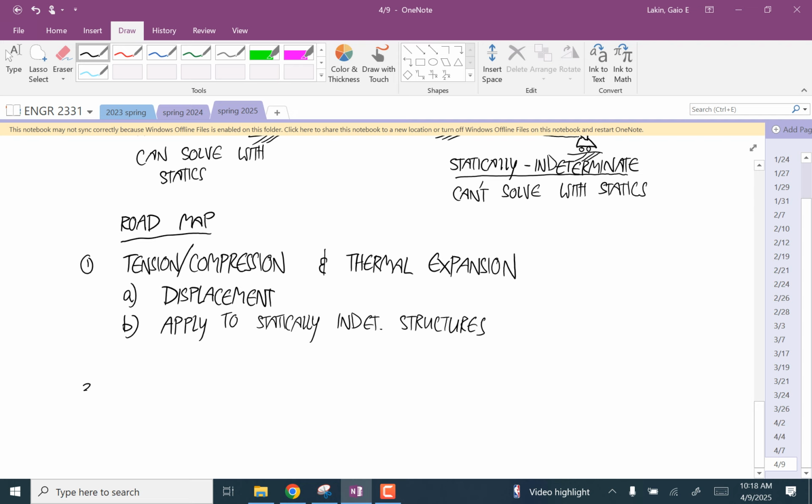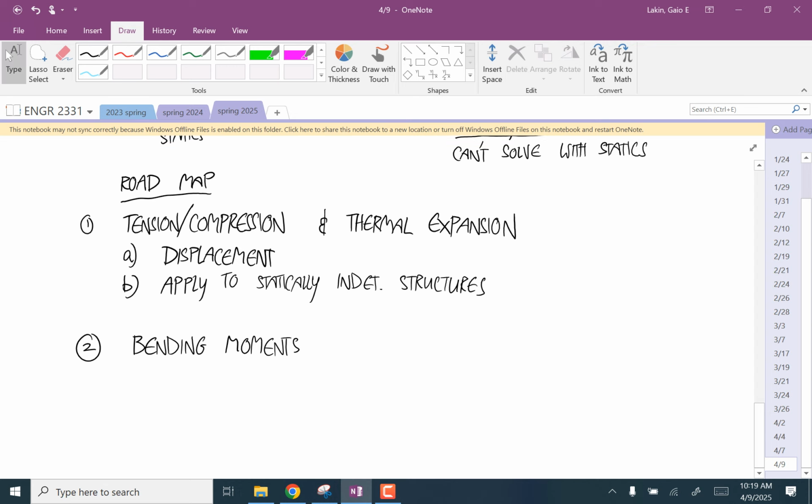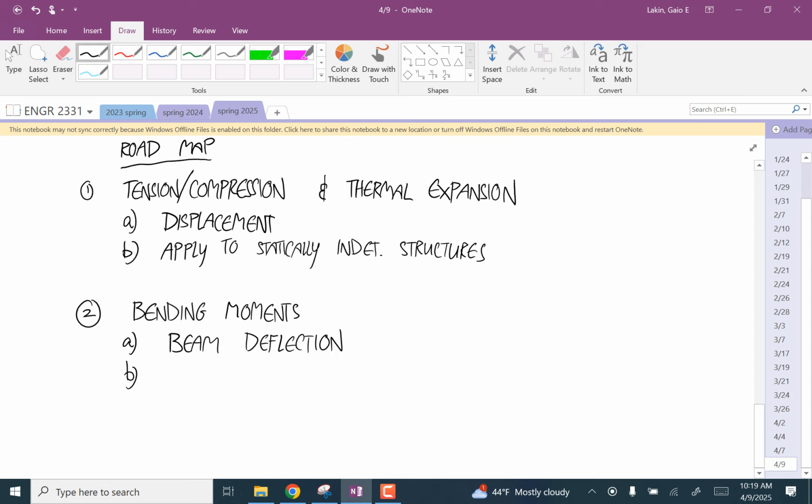Then we're going to do bending moments. We're first going to deal with beam deflection, which is the kind of displacement that you get for bending. And then after that, we're going to apply this to statically indeterminate structures.